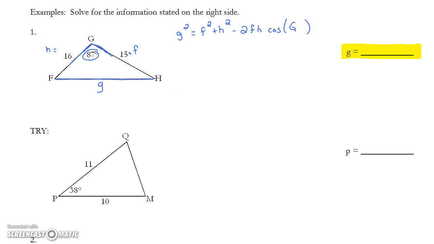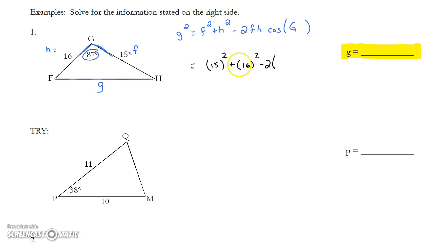With that set up, I can start plugging everything in. I know I'm going to have f squared. Every time I substitute, I will do that in parentheses. F is 15, squared. H squared: substitute h with 16 in parentheses and square it.